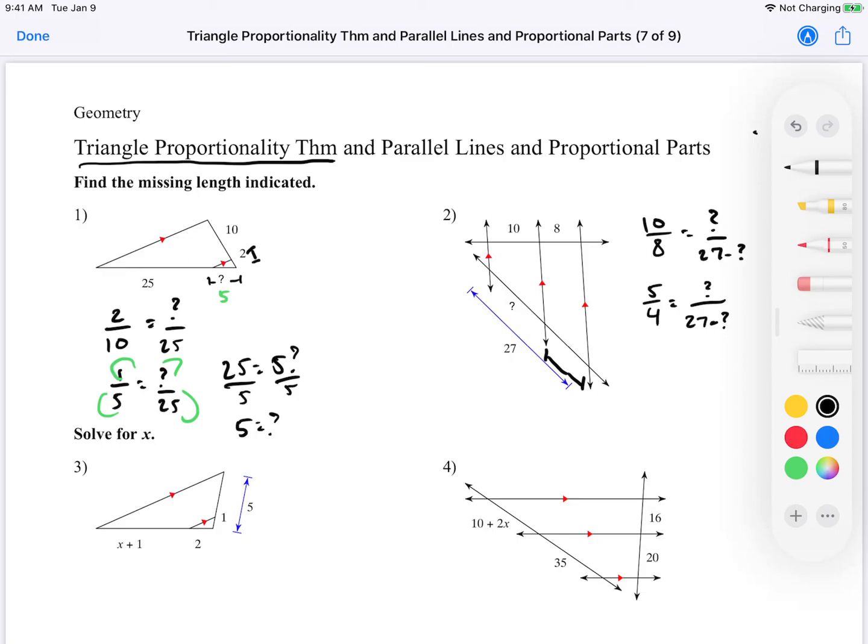And I know you're going, oh, this looks super complicated, but trust me, all you have to do is the same process: simplify, cross product property, and then solve. So if I use the cross product property, this is 4 times question mark is going to equal 5 times 27 minus question mark. So what do I have to do on the right hand side first before I can do anything?